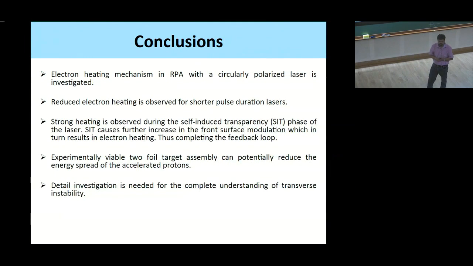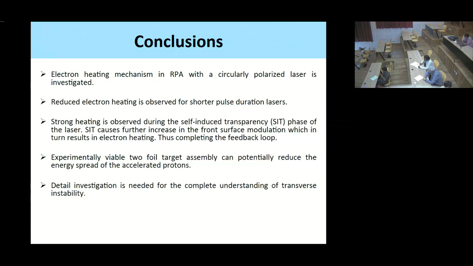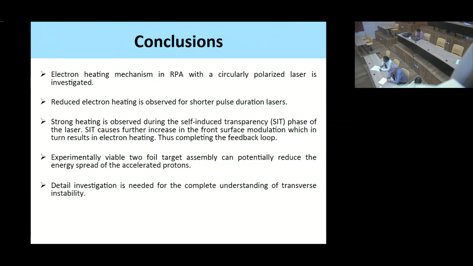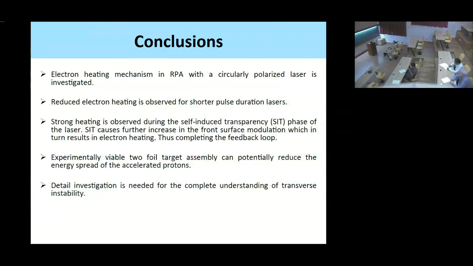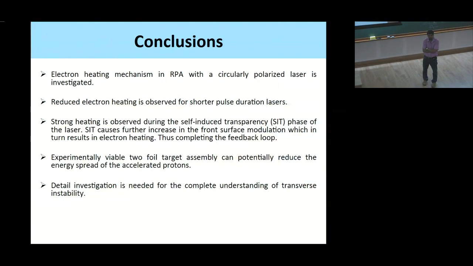Okay, go ahead. In ICF, the scale length of the ablation front is helpful for suppressing Rayleigh-Taylor growth. Have you considered having a target comprised of two different densities or something like that to create a similar setup?